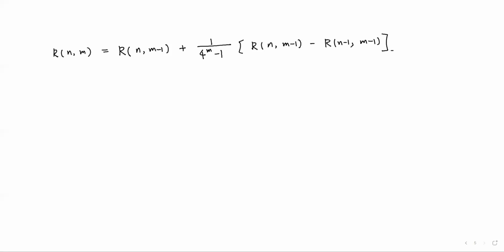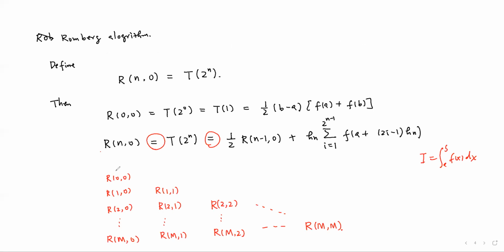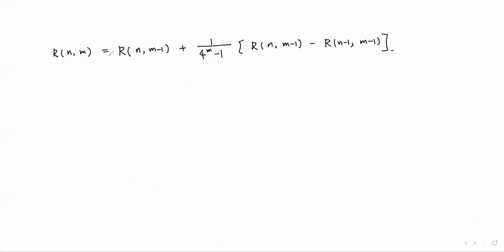By this formula, the first column is computed from the earlier equation, and the remaining entries are computed from this equation.